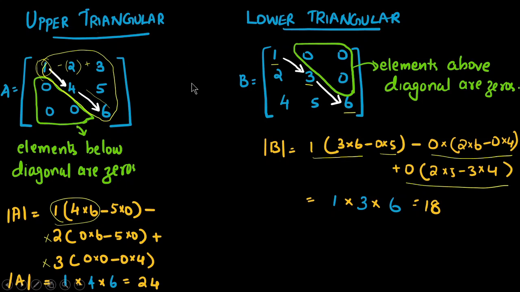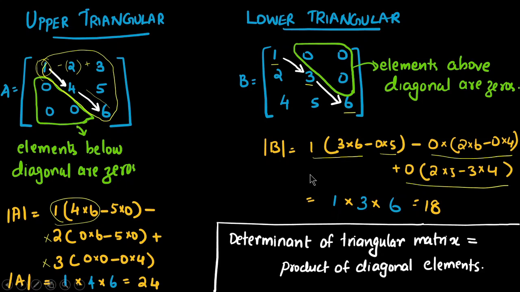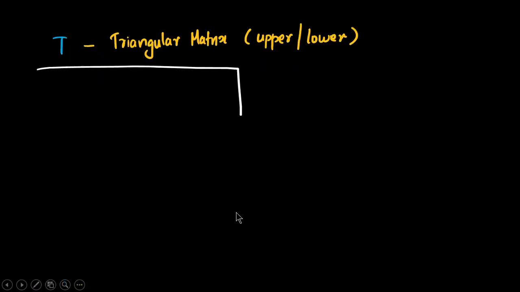If the matrix is a triangular matrix, either upper triangular or lower triangular, the determinant of the matrix will be the product of its diagonal elements. Okay, that is the general thing. The determinant of a triangular matrix is equal to the product of diagonal elements. That is the summary from this experiment.